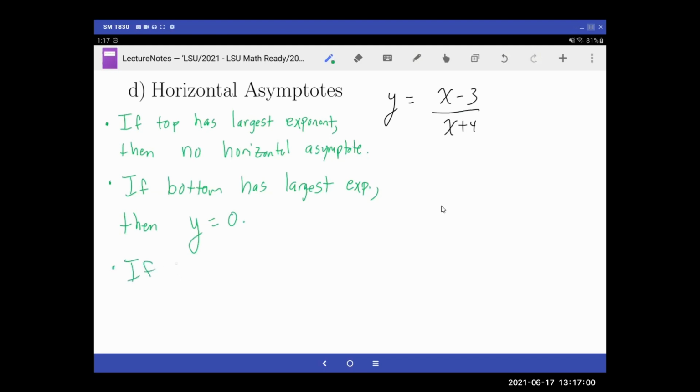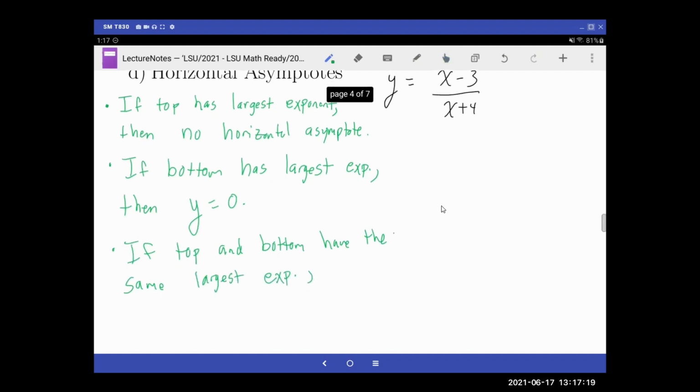If the top and bottom have the same highest exponent, then the horizontal asymptote is y equals the leading coefficient of the top, that's the number in front of the x with the largest exponent, over the leading coefficient of the bottom.